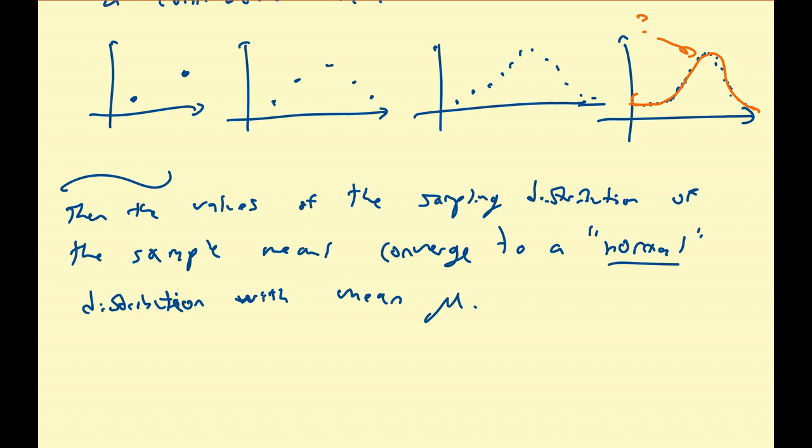So that is, this distribution is going to get close to what we call a normal distribution, whatever that is. But pretty much the middle of this distribution is going to be mu.